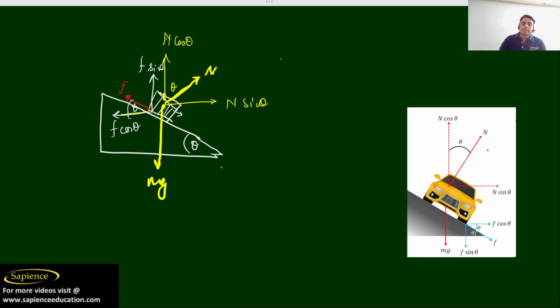Velocity will be minimum, so mv square by r will act in this direction, but it is v minimum. So if I solve the equation.